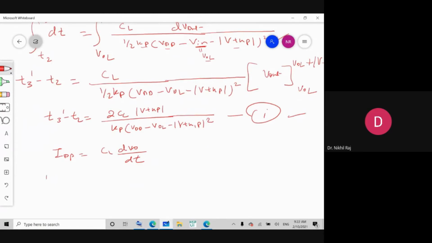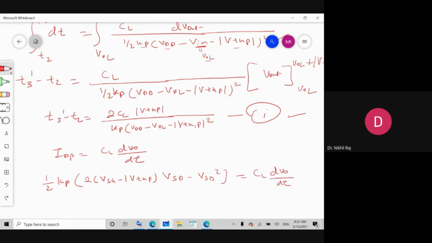That is half Kp into VSG minus mod of VTH of P into VSD minus VSD square, and that is equal to CL dV out by dt.